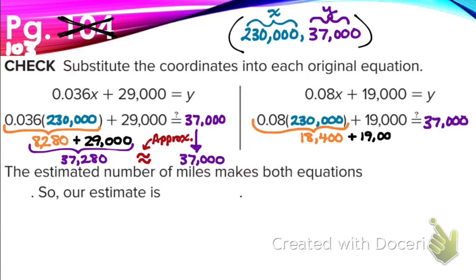So add 19,000 to that number. 37,400. Over here we had 37,000. Close. I'm going to say approximately here. The estimated number of miles makes both equations approximately equal.